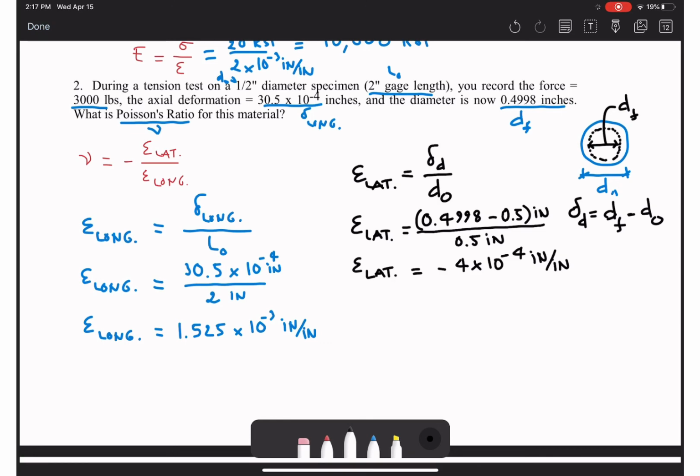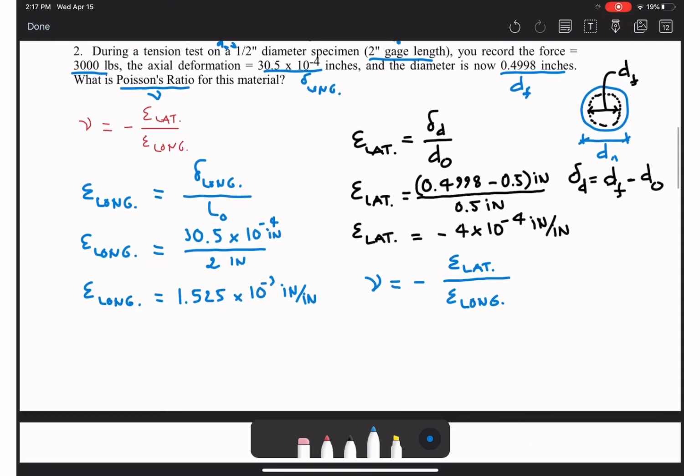So we can go ahead to find out nu, Poisson ratio, equal to negative epsilon lateral divided by epsilon longitudinal, components for the normal strain.